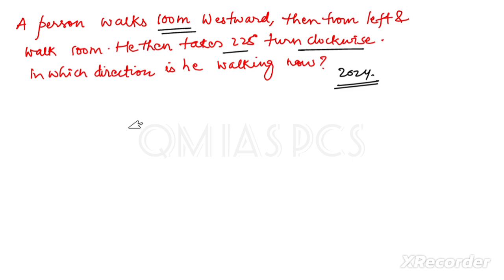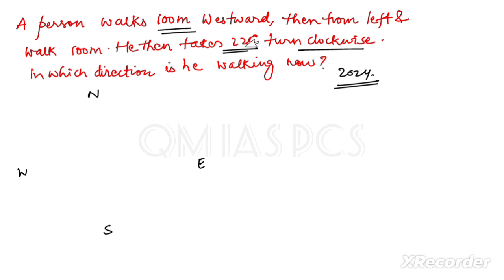Okay, so you can represent like this is east, this is west, this is north, and this is south. Initially I have told you what is clockwise direction and what is anti-clockwise direction, and how to find the angles. Exactly what 225 degree is, and more than 180 degree, I have told you.